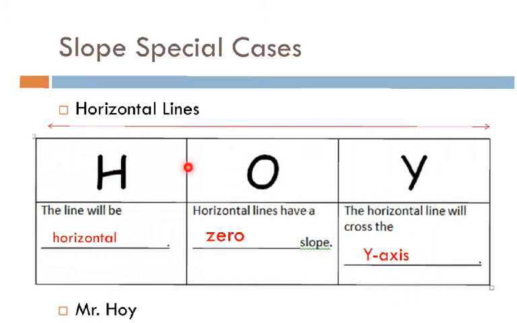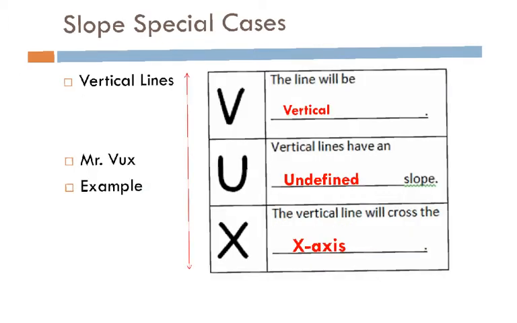So we use the acronym HOY to help us remember that horizontal lines have a 0 slope and cross the y-axis. And vertical lines, which here's an example, vertical lines and horizontal lines are perpendicular to one another. They're going to have an undefined slope, and they're going to cross the x-axis.